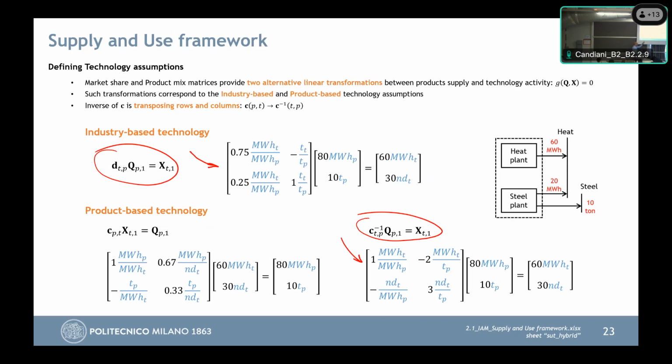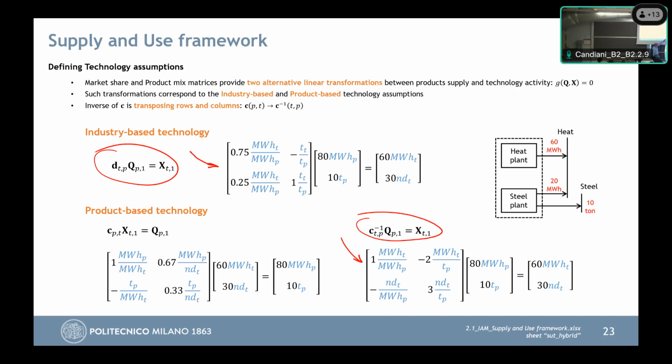Because you see that we have the technology activity per each product demand. Here in this case we have 3 activity units of the steel plant for each ton of steel product that is demanded. And here we have the side effect of this production.